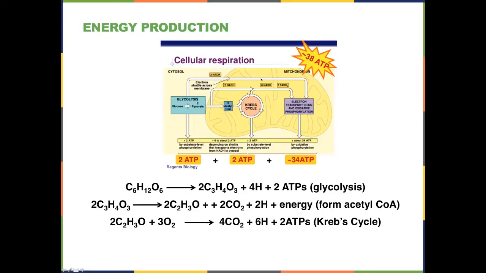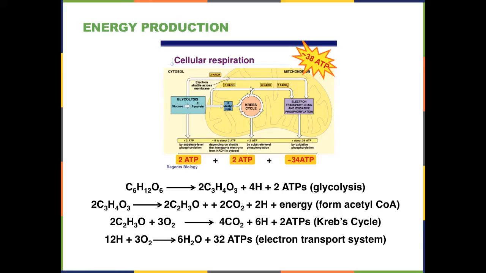Then the Krebs cycle turns. And in the process of making these conversions, another 2 ATPs are formed. And then lastly, we go through our fuel cell reaction, which is 12 hydrogens plus 3 oxygens forming 6 water molecules. And in that process, anywhere from 32 to 34 ATPs are formed.